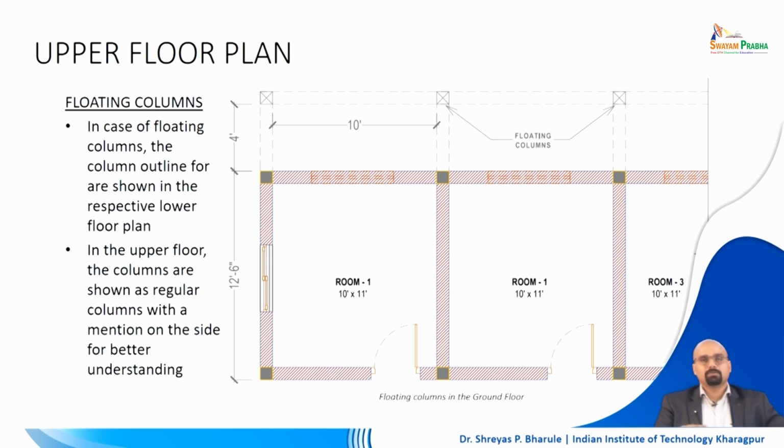Next, I did talk about floating columns, or columns which will terminate at a certain level. So, we will be looking at what is to be done with floating columns particularly, right. What are floating columns per se? Imagine that you have a building, this is the ground level, and you are asked to create a projection on the upper level, right. So, you have a column like this and you are asked to do a projection on the upper level.